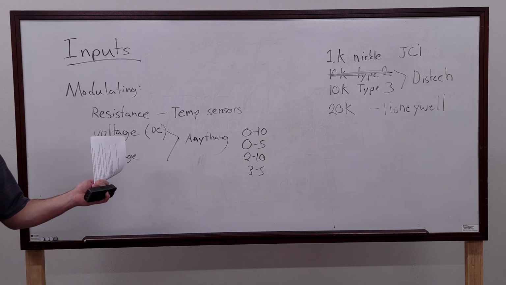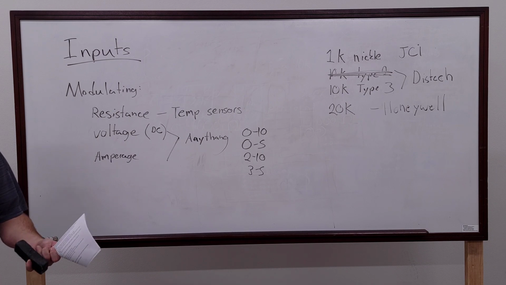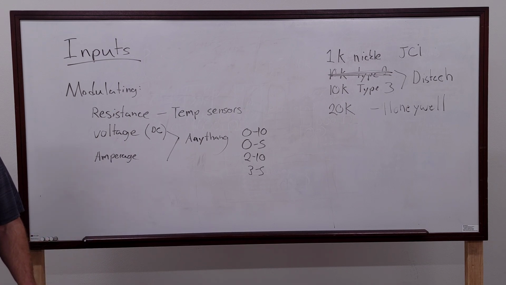Amperage, not so much, because to read milliamps, you have to be in line on most meters, unless you have a really, really expensive Fluke milliamp clamp meter that you can clamp on the little bitty wire and read milliamps. Yeah, good luck. They're like $2,000. You got to disconnect it and put it in line with your meter. So you do have to unwire for amperage, but we'll get into all that. I'm going to do a troubleshooting section towards the end.